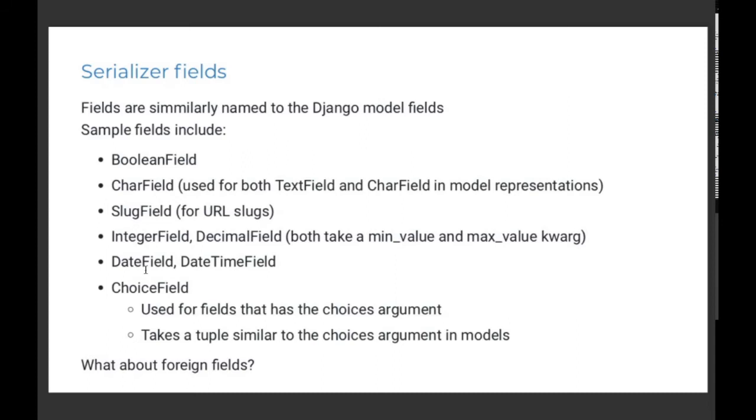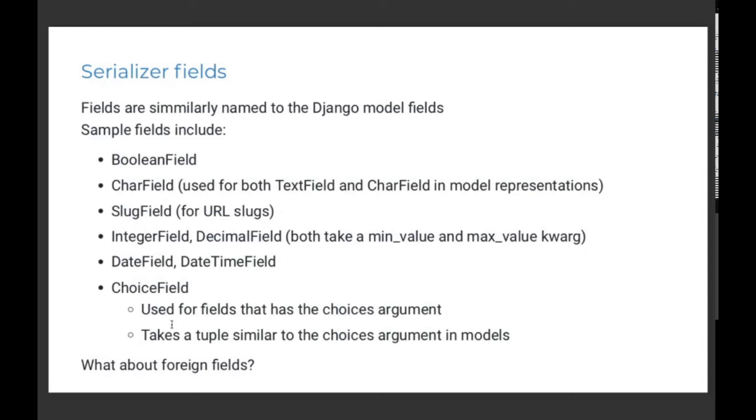You also have date field, date time field, and choice field. So if, for example, you have a char field that uses choices as an argument, you should use a choice field serializer field. It takes in a similar tuple as the choices argument in your models.